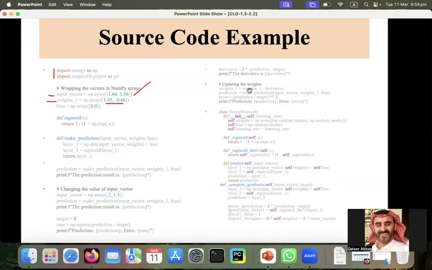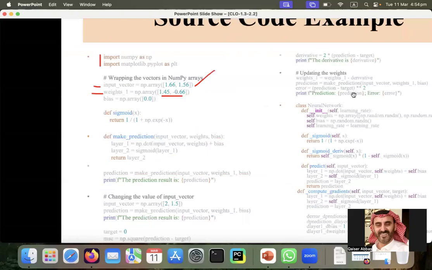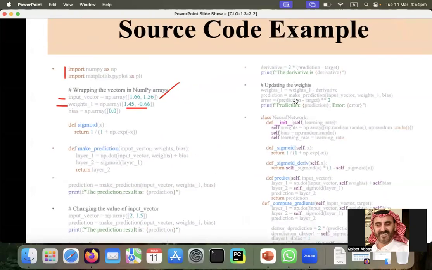And then we are calling the make prediction function again with the input vector and the updated weight 1, not the previous weight, and the bias, and you will get the prediction. And then prediction minus target, and this star 2, which is equivalent to power, so you are calculating the power, and whatever the result is, that is your error.